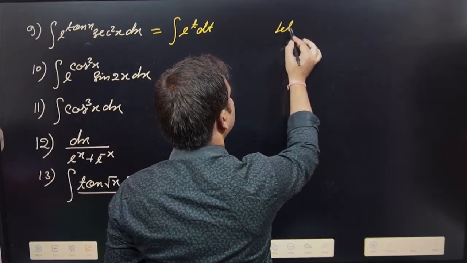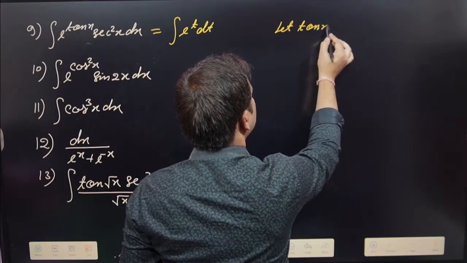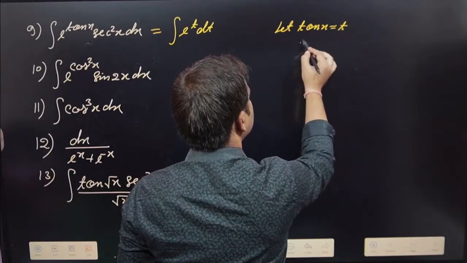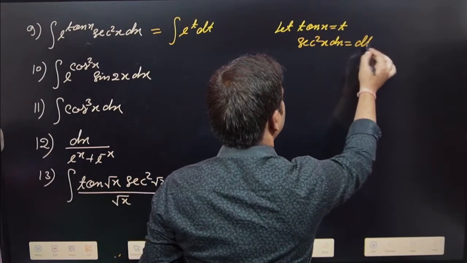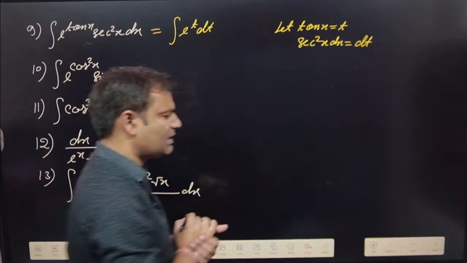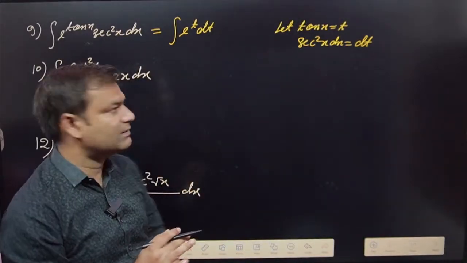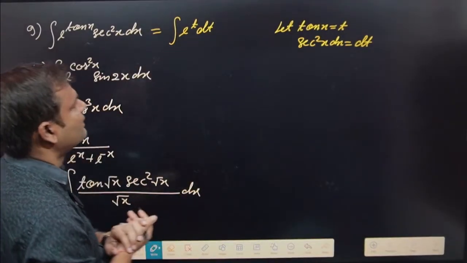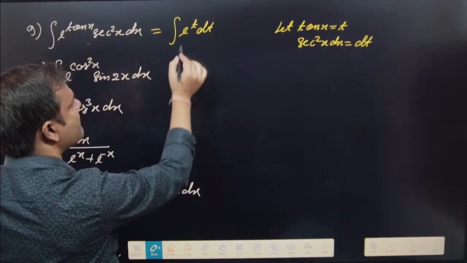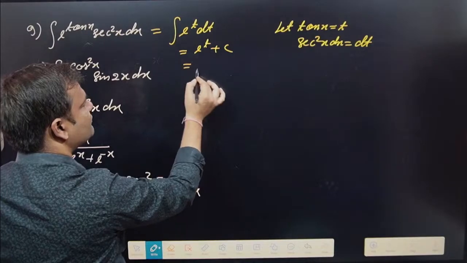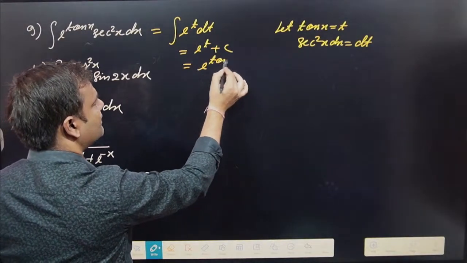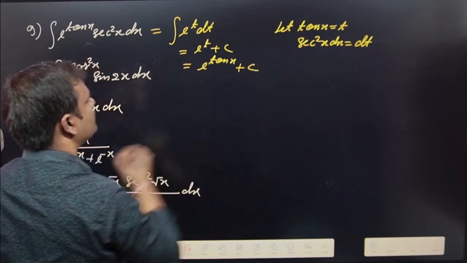Because let tan x be equal to t. If you differentiate both sides, then sec square x dx is equal to dt. After that, integration of e to power t is e to power t plus c. So after that, e to power tan x plus c.